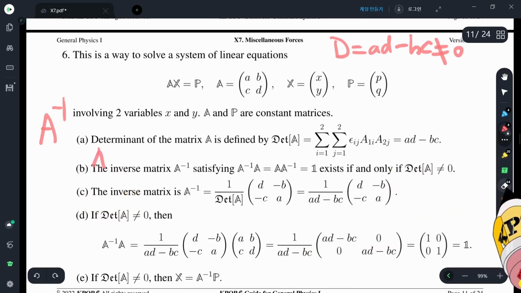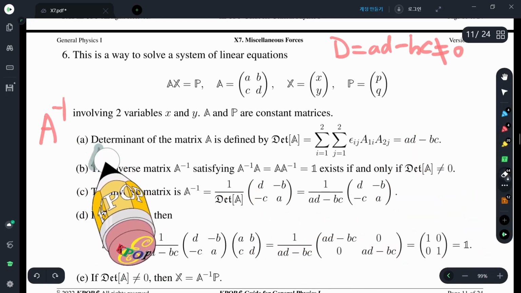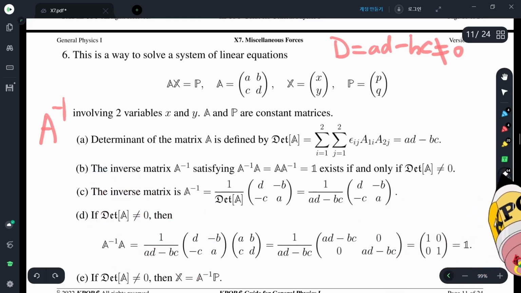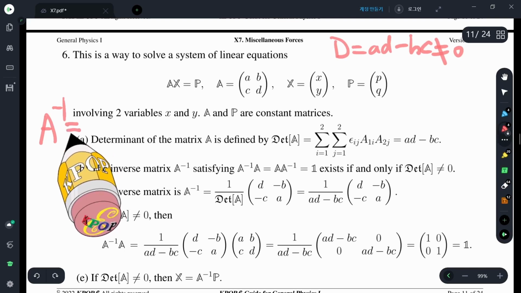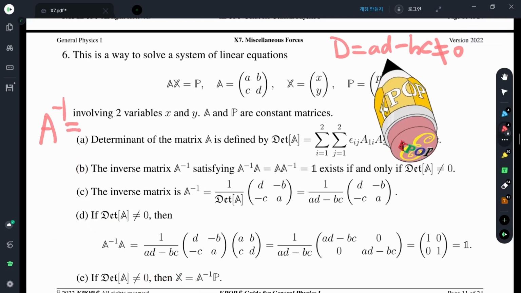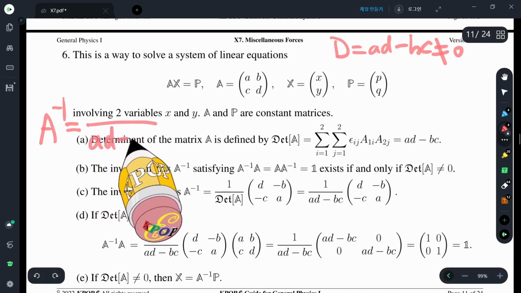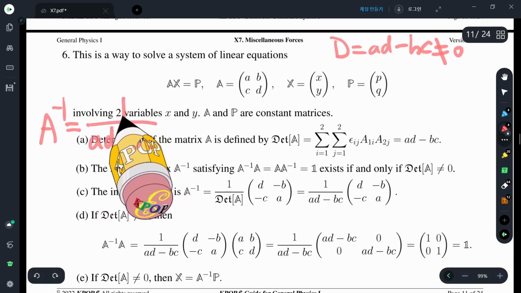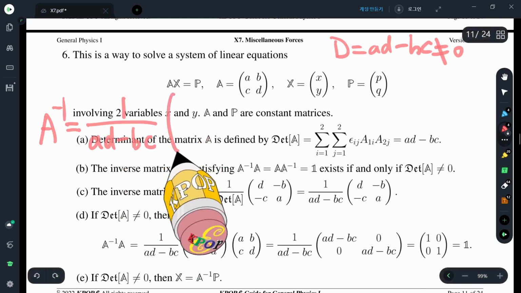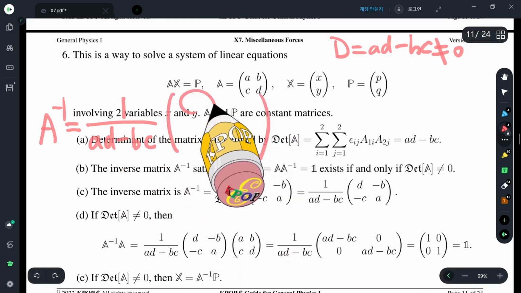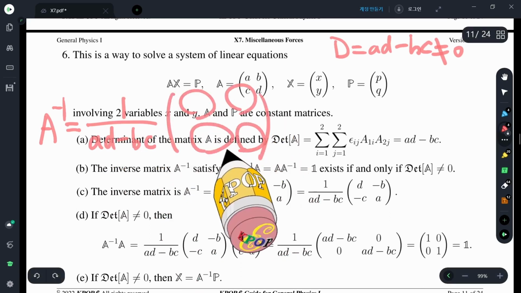In physics, unit is very important. So to simplify the calculation, I rewrite this A inverse matrix in units of determinant, the area of the parallelogram. But ideally to say something, it should be something.